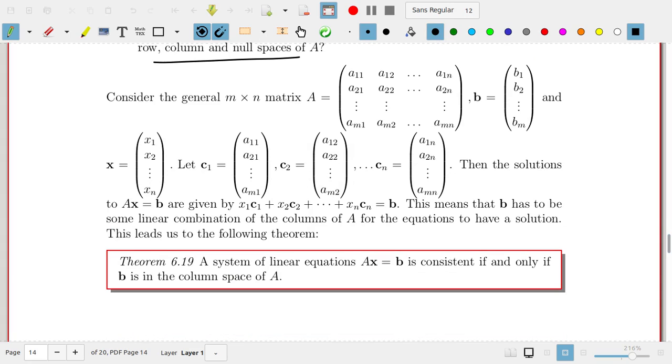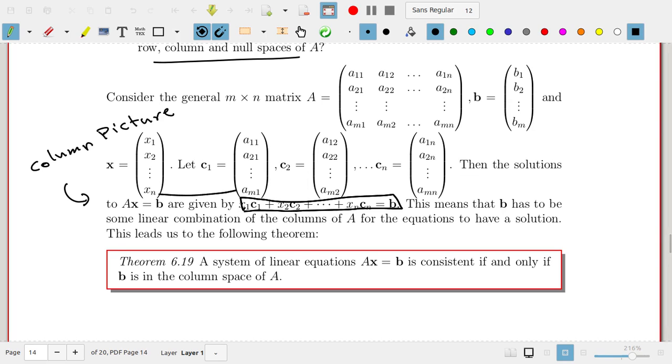Now notice that in the column picture, you have x1 c1 plus x2 c2 plus xn cn equals v. This is the column picture of the solutions, right? So V has to be some linear combination of the columns of A for the equations to have a solution. And this is what we saw in the column picture before.